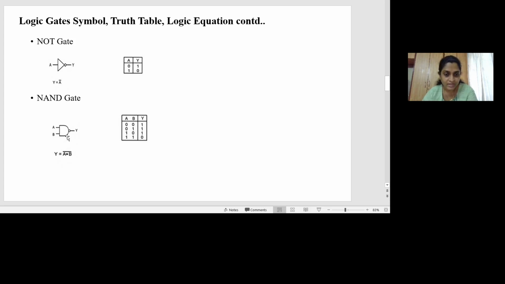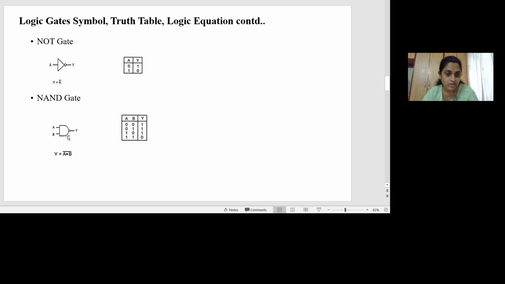Here you can see I have written the NAND symbol: the AND gate symbol, and then the output is inverted. That inversion in the output is indicated in the logic diagram as a bubble. So I have put a bubble here.